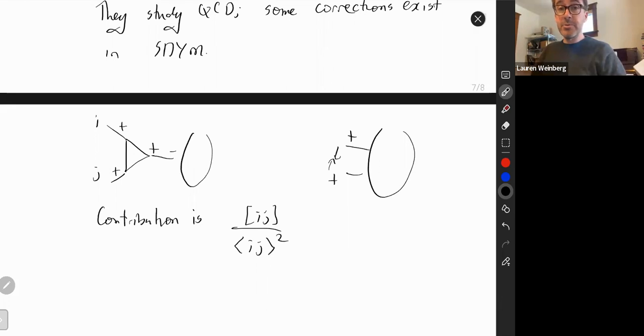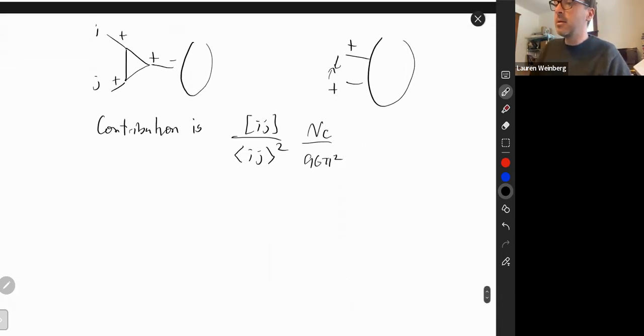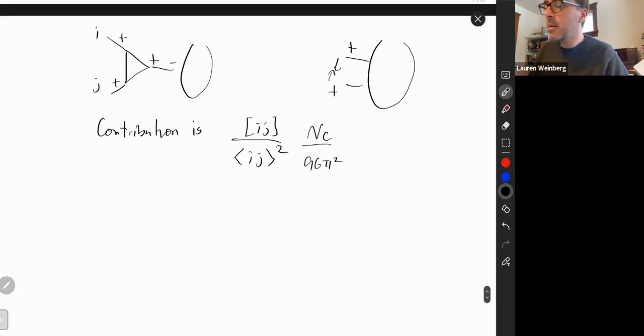So they find this new contribution, with some particular factors, like number of colors divided by 96 pi squared. So let's ask, does this exist in the chiral algebra?